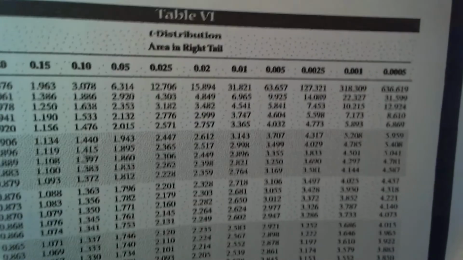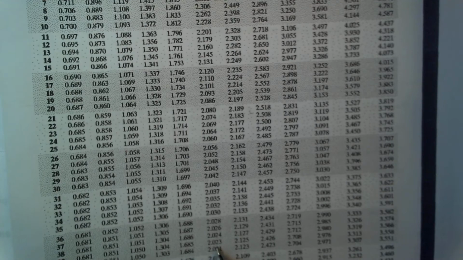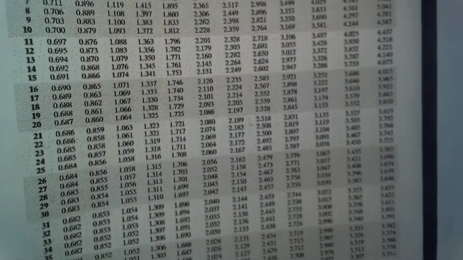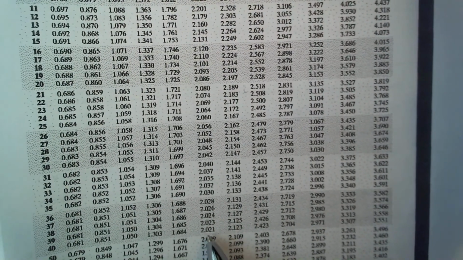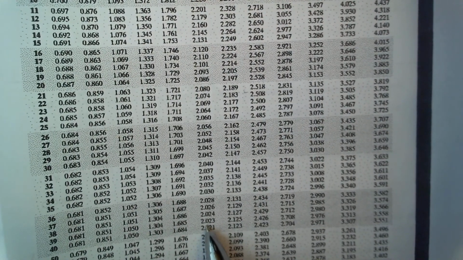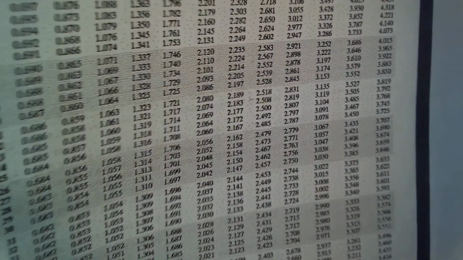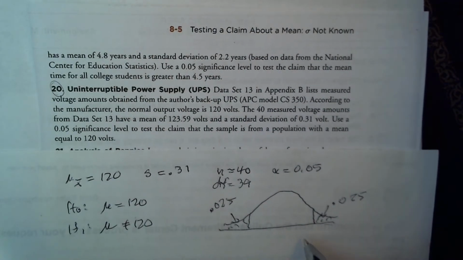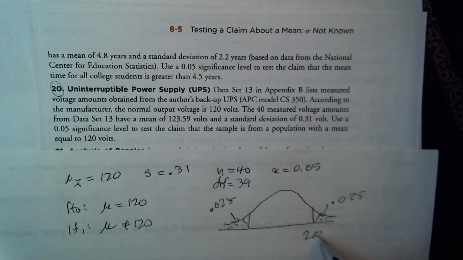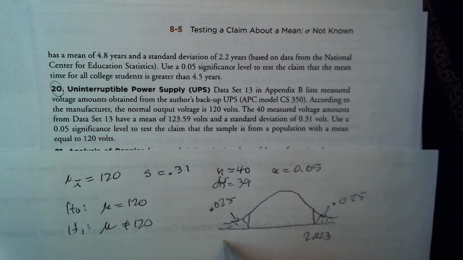So we go to 39 in our table, and at 0.025, which is further up here, it is 2.023. So 2.023 is our critical value, and minus 2.023 is here. Of course, 0 is here.